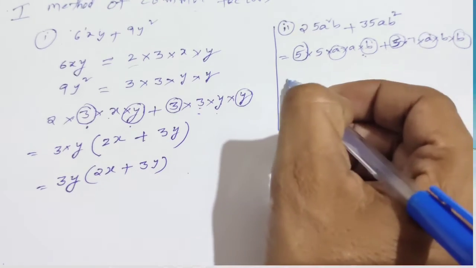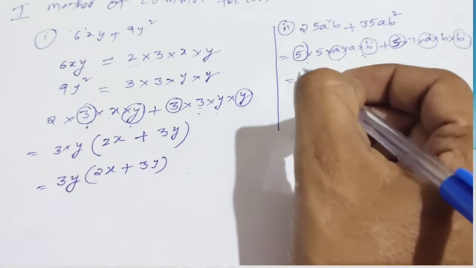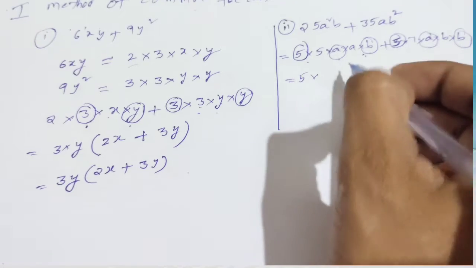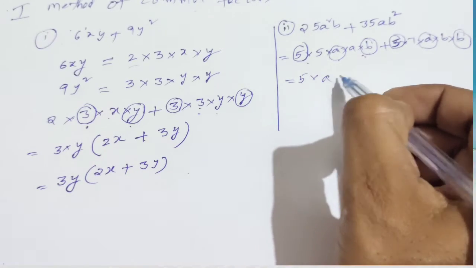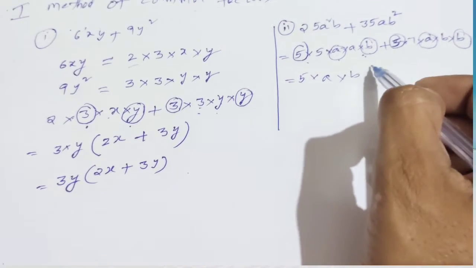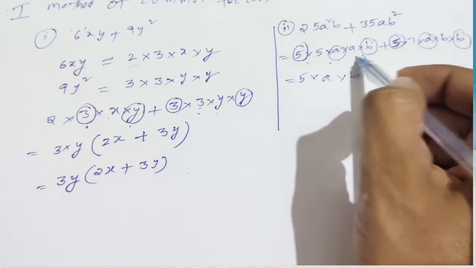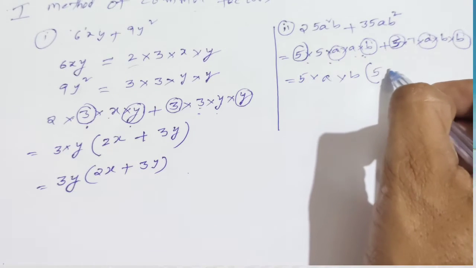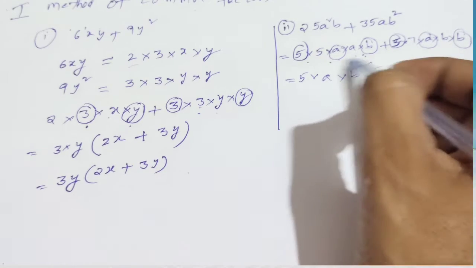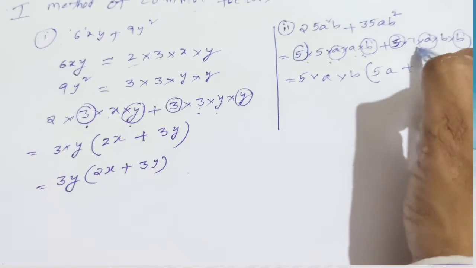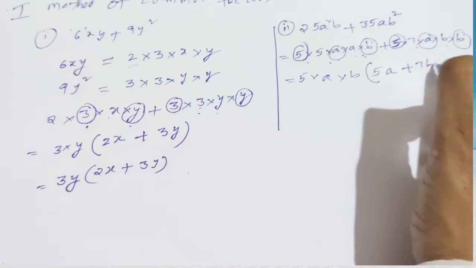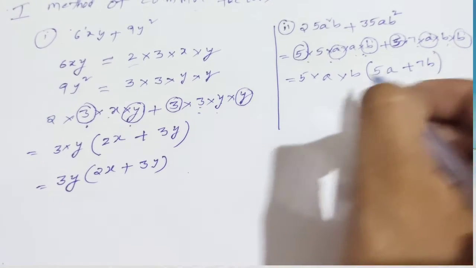That's it. Now 5ab, take it outside, 5ab, bracket begin, write the remaining term in the first one, 5a, plus the remaining term in the second, 7b.